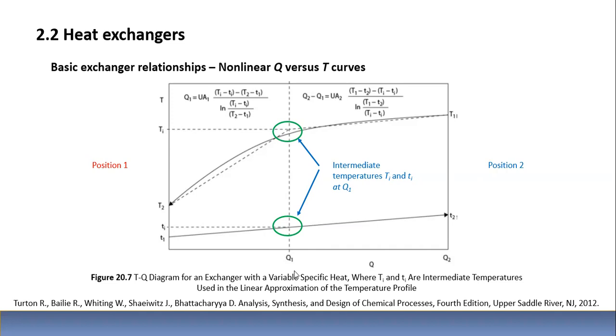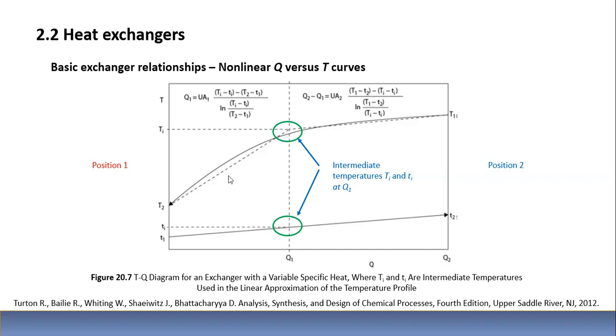And there was somewhere along the curve a partition, like you see there, where it was taken that in this partition, this will be the temperature of the hot stream in position I, Ti, and the small ti right there at Q1. Okay, and then from Ti to T2, also you see a straight line.